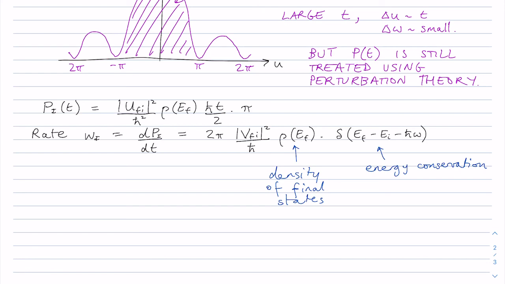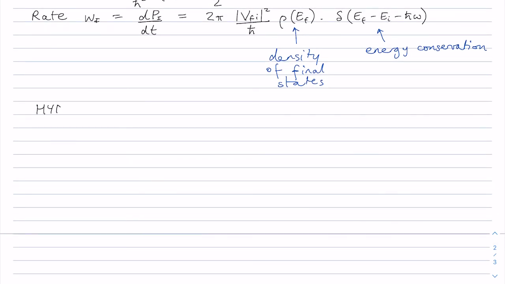Now, I want to go back just quickly to our example of hydrogen. I'm not going to solve it completely because it's a little bit involved, but one takes the initial wave function as, say, the 1s wave function of hydrogen. The final state is one of those plane waves.